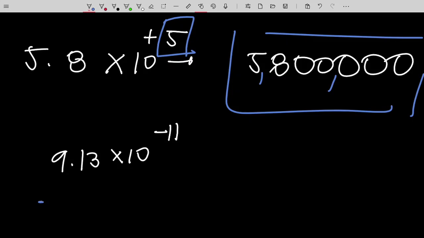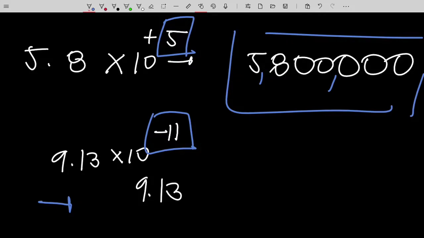Now let's have another example. What if we have 9.13 times 10 raised to negative 11? Again, the first thing to do is to write the value of your x, which is 9.13. Now, we know that we have a negative 11 exponent here, so it says that the decimal is moved 11 times.